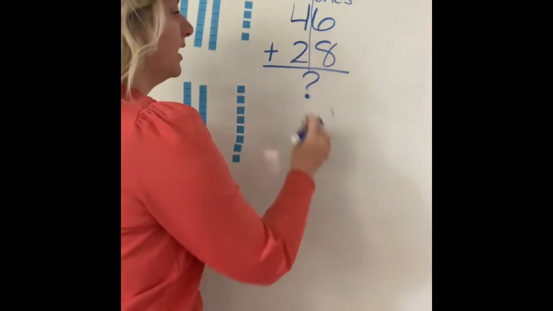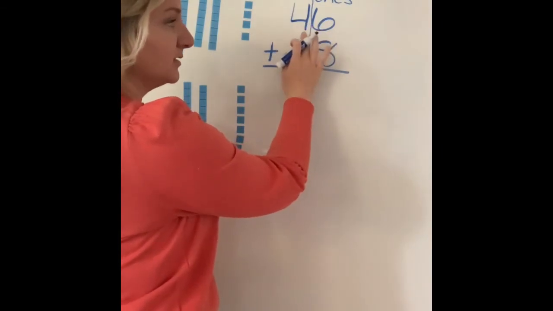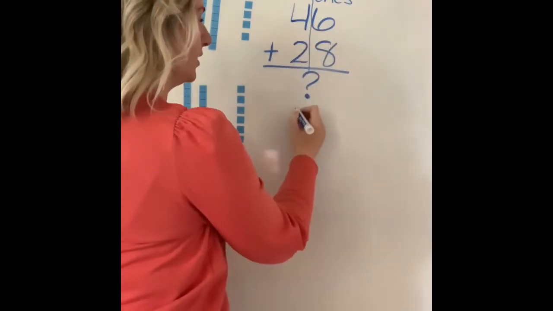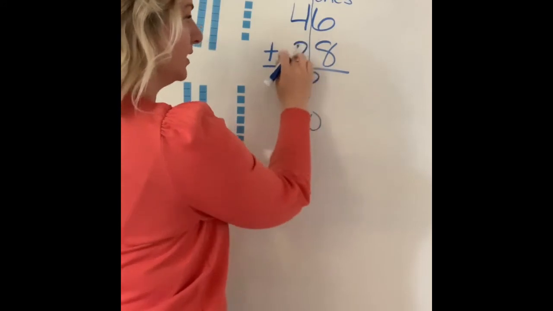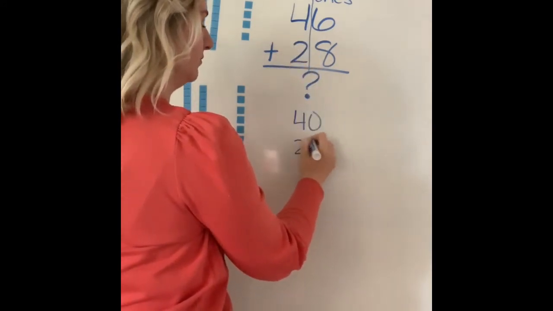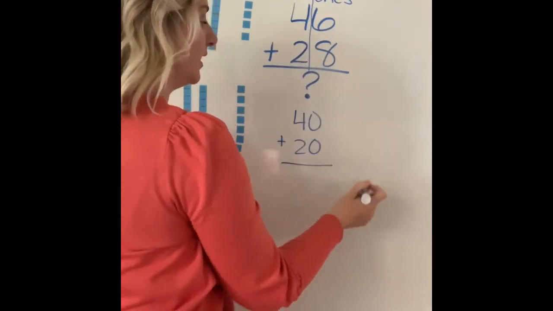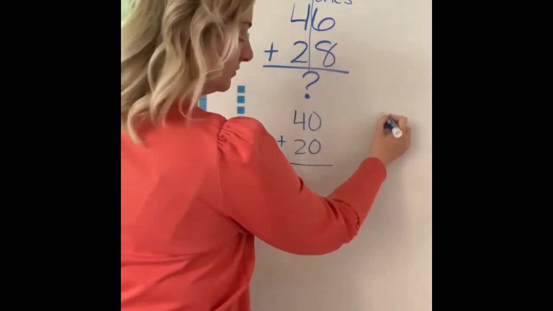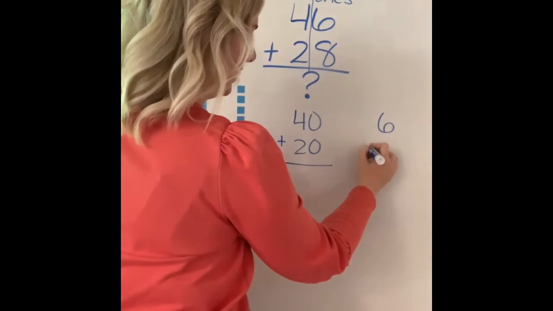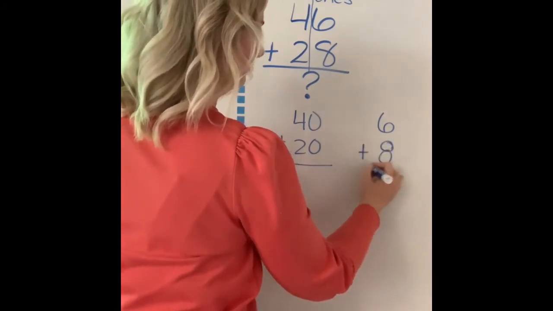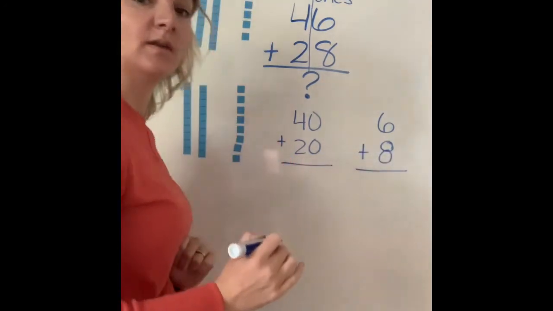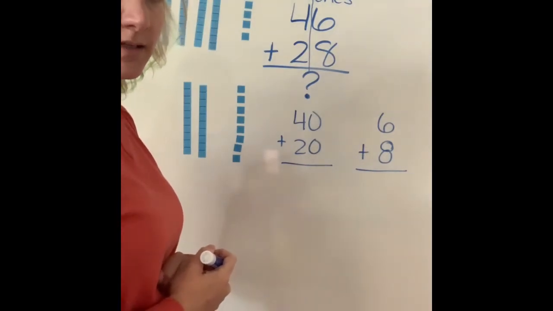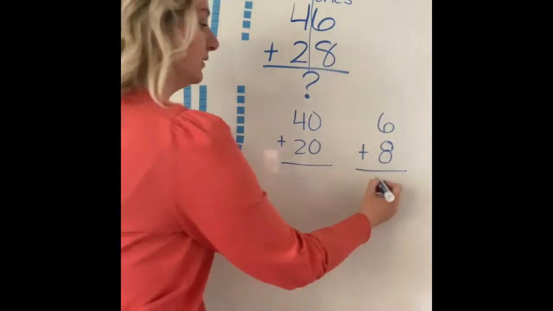So if I have just the 10s, I have 40 plus 20. And if I have just the 1s, I have 6 plus 8. So if I add 6 plus 8, I get 14.